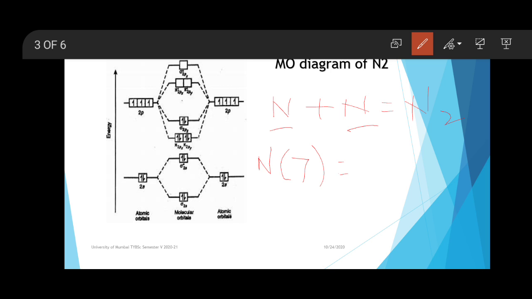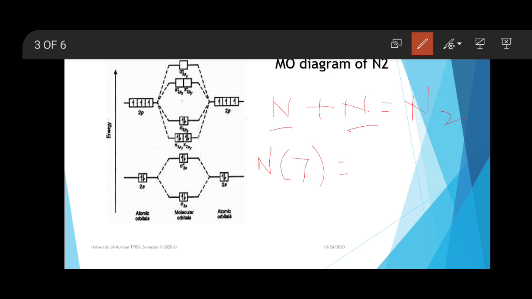When we fill electrons in molecular orbitals, they again follow the 3 important rules: Hund's rule of maximum multiplicity, the Pauli exclusion principle, and the Aufbau principle. These 3 rules remain the same in valence bond theory and also in MOT.